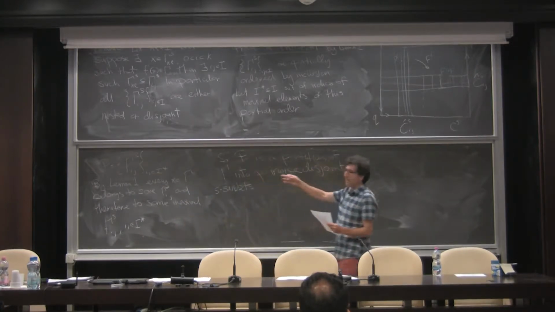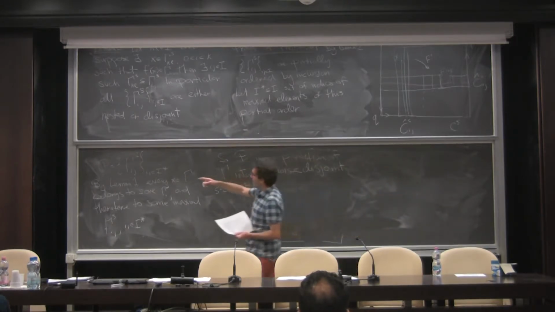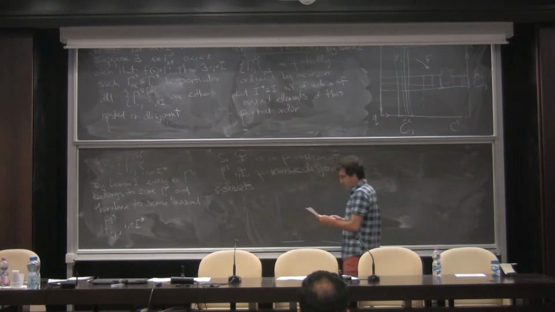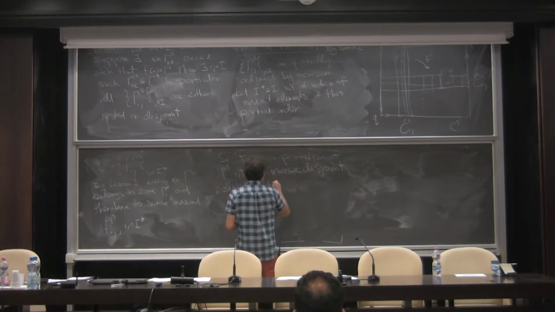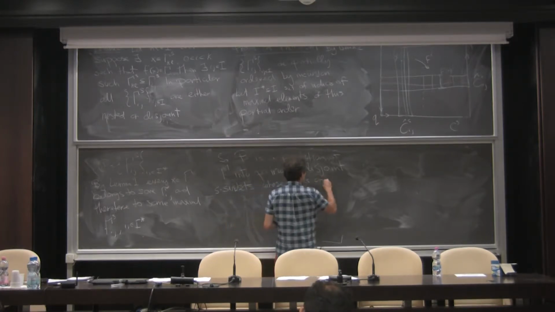Similarly, by the same argument, you can show that the set of unstable ones is also a partition into disjoint U subsets, whose images are U subsets.